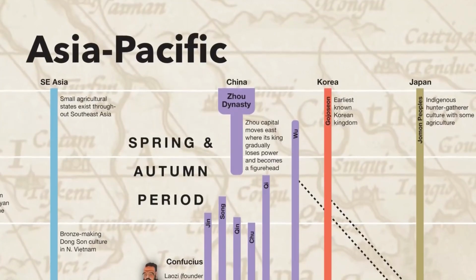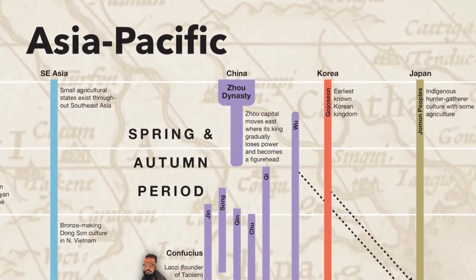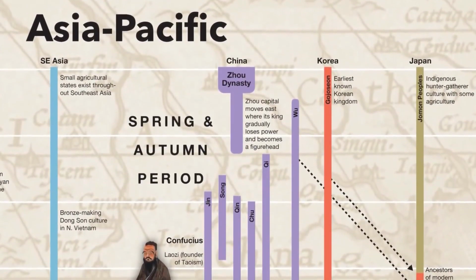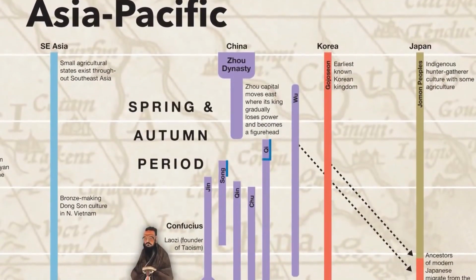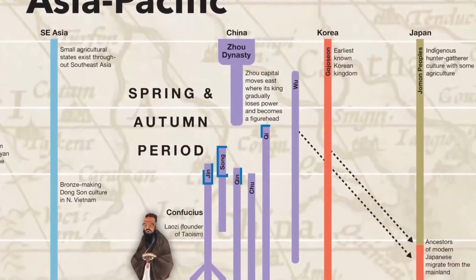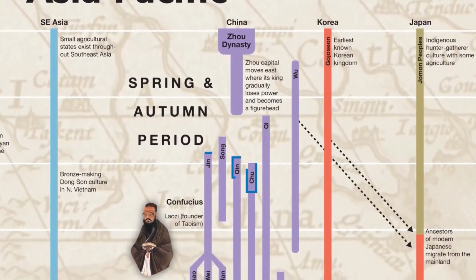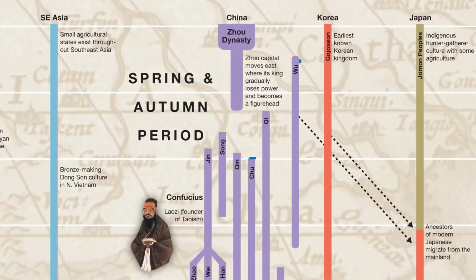Anyway, during the Spring and Autumn period, various Chinese states took turns dominating, including Qi, Song, Jin, Qin, and Chu. And to the north was an additional state, known as Wu. It is perhaps from Wu, as well as the ancient Korean kingdom of Gochoson, that the ancestors of the modern Japanese came.